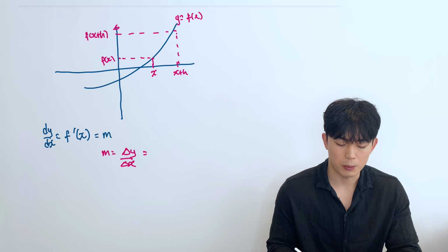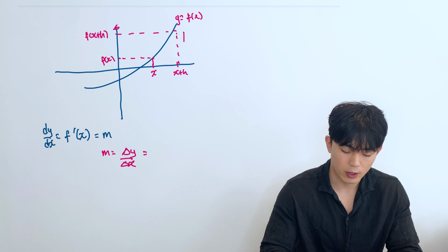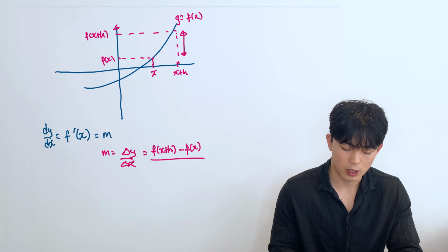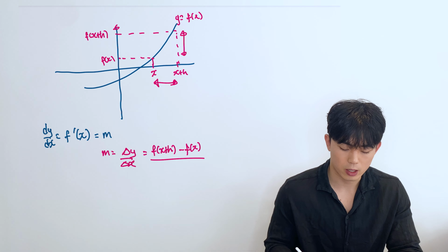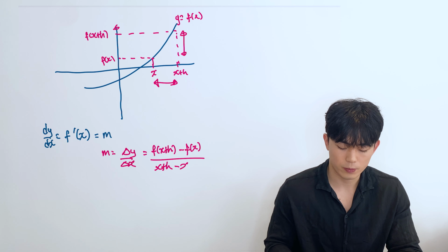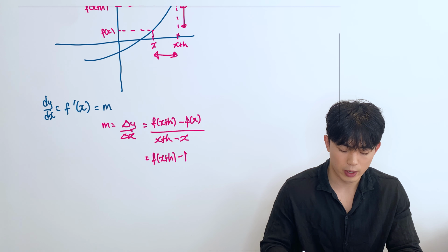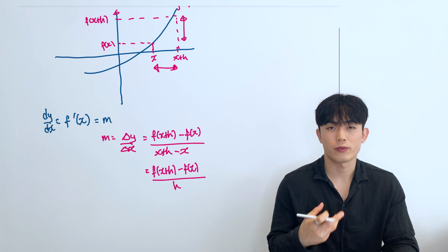So using this example, the change of y will be this value here. So it will be f of x plus h minus f of x. And change of x will be this term here, so x plus h minus x, which will reduce to f of x plus h minus f of x over h like this. So that's how we normally find the gradient.